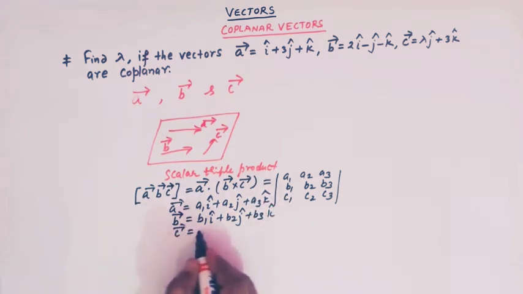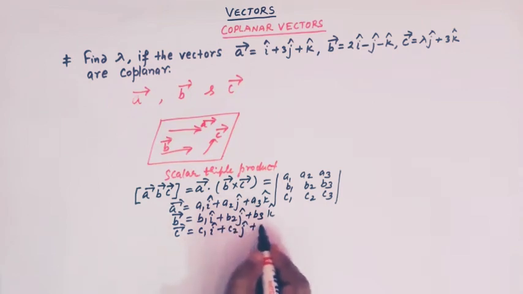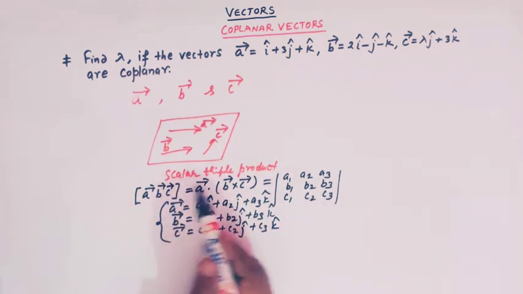Okay, so let me write here, and we have these three vectors, right? So this is the condition or the definition of scalar triple product of three vectors, right?